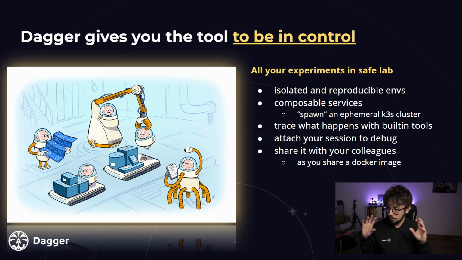Yeah, these modules can be composed, and also you can share a module built on top of other modules as a new module, just like you do with container images. What you do with container images, you take different layers, different operations, you start from something that already exists, and you can go from there and produce something new.